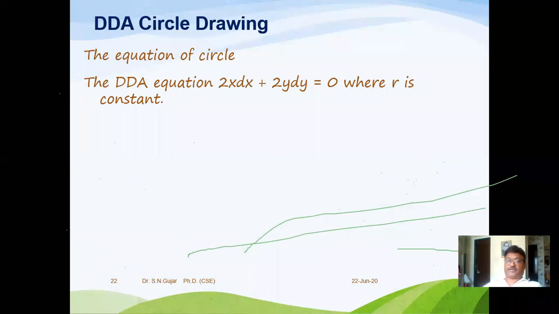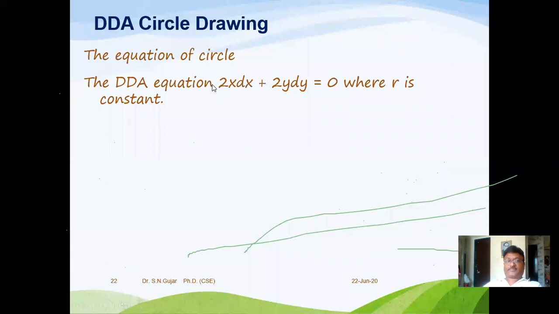Now the equation of the circle, so the DDA equation becomes 2x dx plus 2y dy is equal to 0. So how does this become? x square plus y square is equal to r square. So I am going to put here the differential, dy by dx, differential equation.